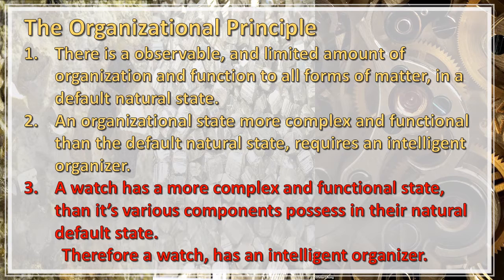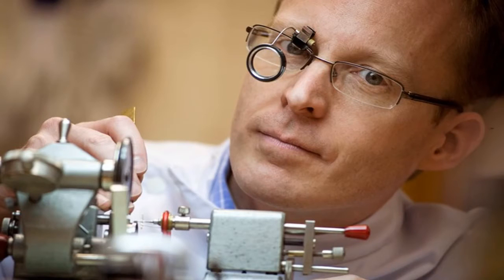If 1 and 2 are correct, and a watch truly does have more function and complexity than its individual components would ever have in their default natural state, then yes, the conclusion is true. A watch must have an intelligent organizer. And this conclusion is confirmable through other methods, like meeting the watchmaker or watching him work.